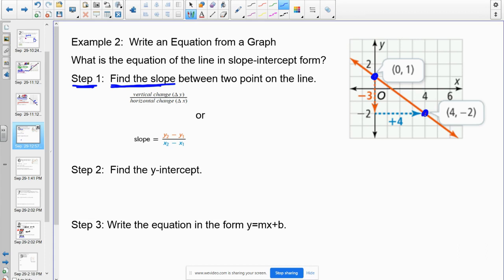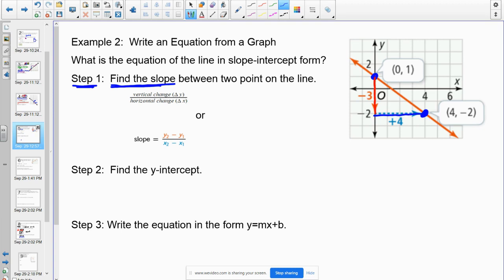So here's 2 points on the line. Notice I can't pick that point because it's not on the line, or I couldn't pick that point or that point. So it's got to be 2 nice points on the line. They chose 0, 1, and 4, -2. So for the vertical change, you've got to start, remember, at the y-intercept. So we're going to go 1, 2, 3, and then the horizontal movement, 1, 2, 3, and 4.